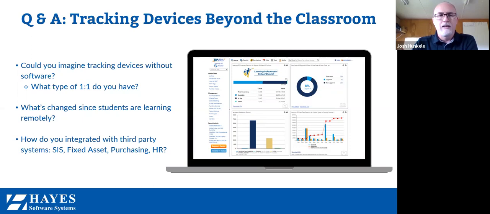The student walks up, says my device isn't working. They do a quick collect where they scan the device and put in a note about what's wrong with the device. They then reach back and grab one of our loaner devices and sign it out to the student on the spot, and hand it to them. And in under a minute or two, the student is on their way.